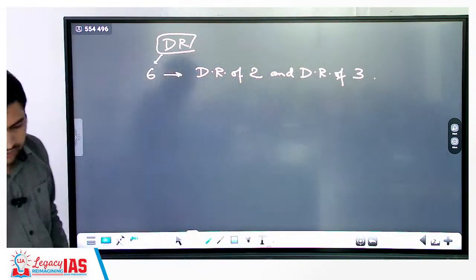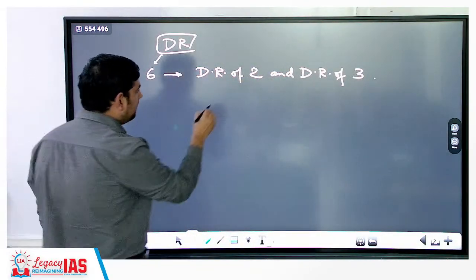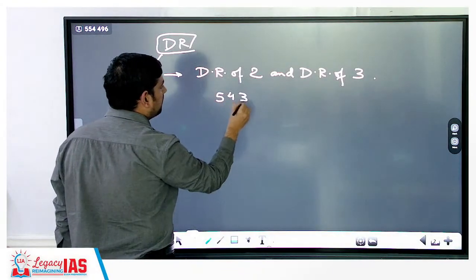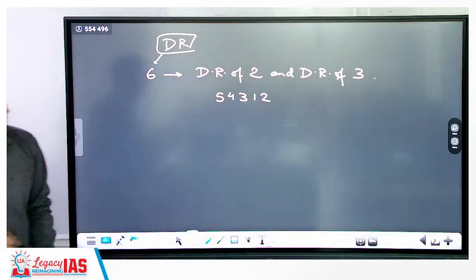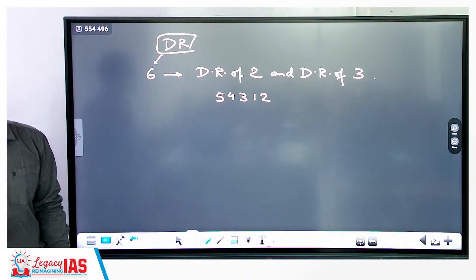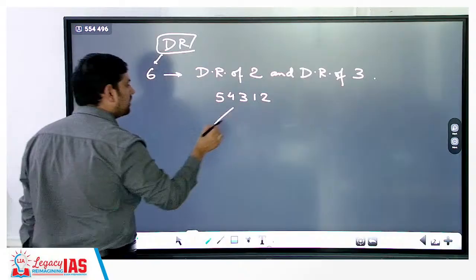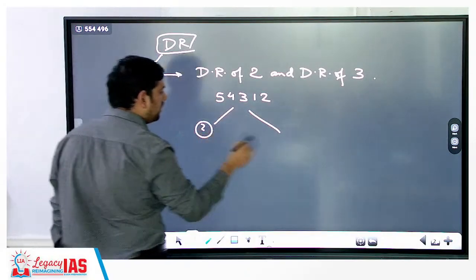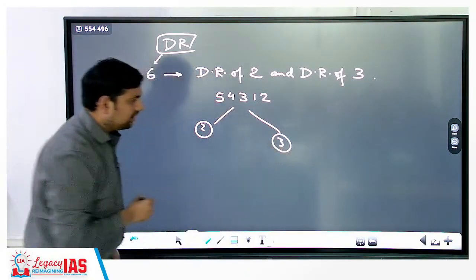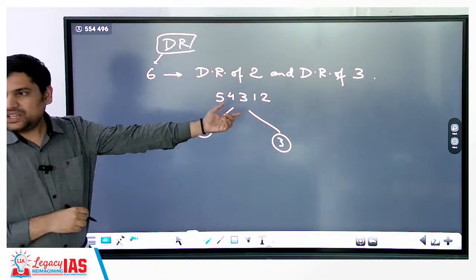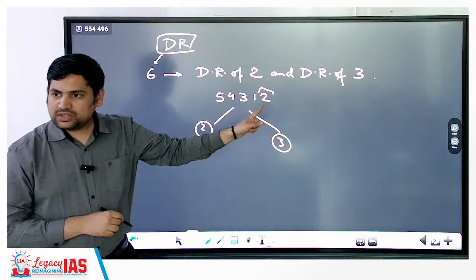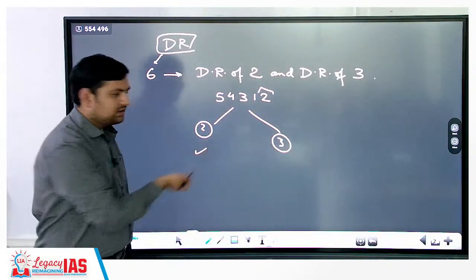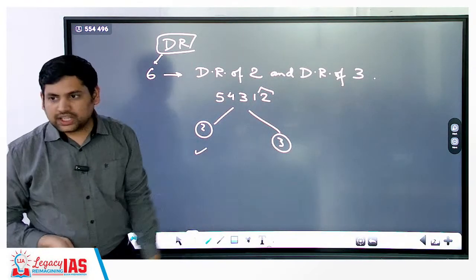Both it must follow. So if I give you 5, 4, 3, 1, 2. Okay, now is this divisible by 6? So what you have to check? First with respect to 2, other with respect to 3. Now with respect to 2, just by seeing only, you know, last digit is 2. 2 is a multiple. So of course this is done.